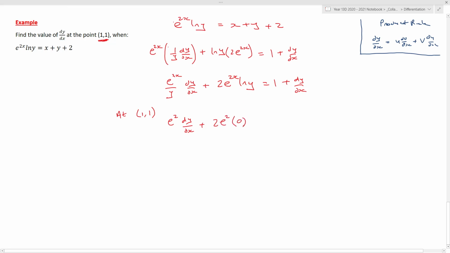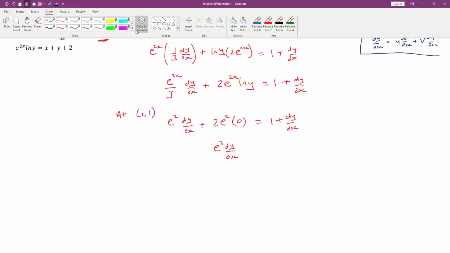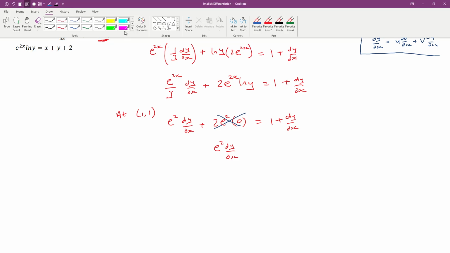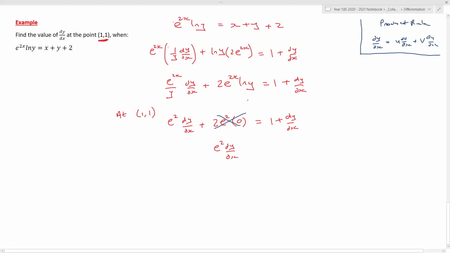So we're going to multiply that by 0, so that's going to disappear. Is equal to 1 plus dy by dx. So simplifying, we've got e to the power of 2 dy by dx. This is gone because it's times 0. That's going to be equal to 1 plus dy by dx.